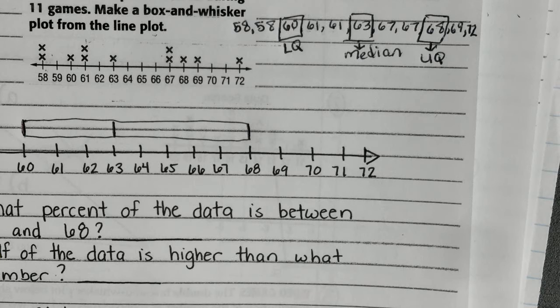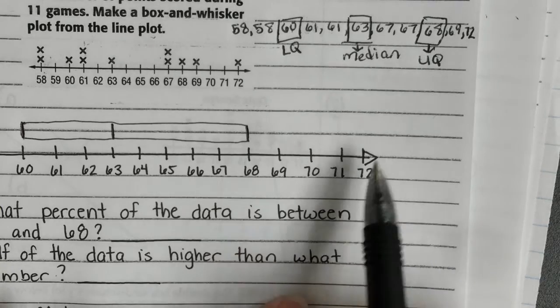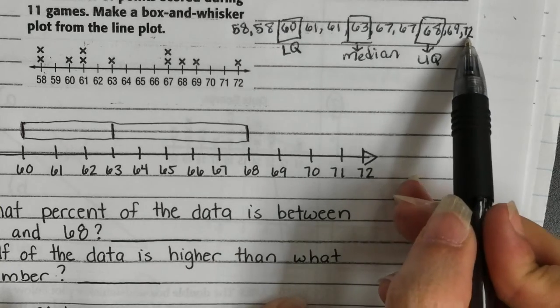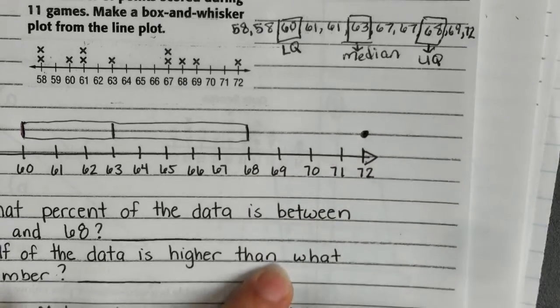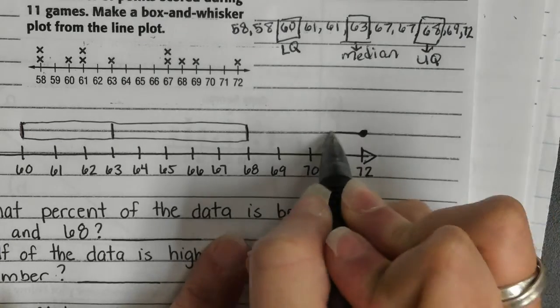Okay. Now, my whiskers shooting off on each side, left and right. They're going to go to my highest piece of data, which was 72. So I put a little dot at 72, and I'm going to connect it back to the box.